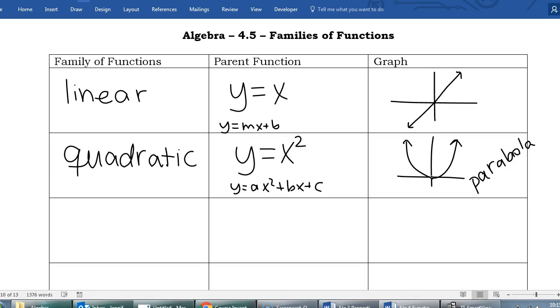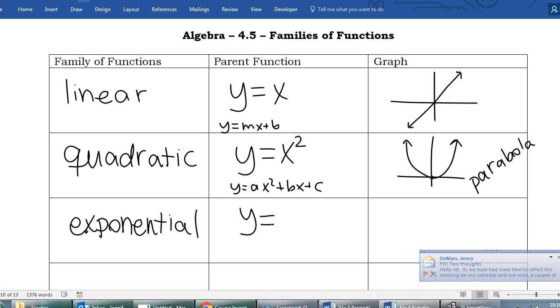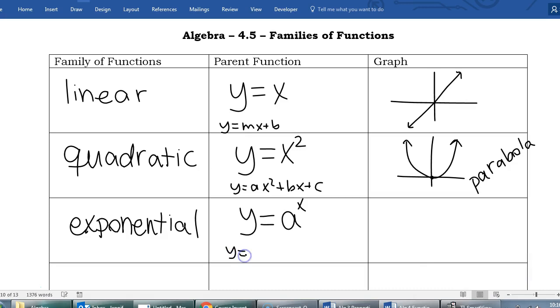Next, let's talk about exponential functions. The exponential parent function is y equals a to the x. When we get into exponential functions in a couple chapters, we're going to use the form y equals a times b to the x.